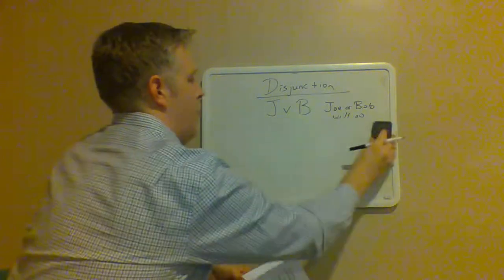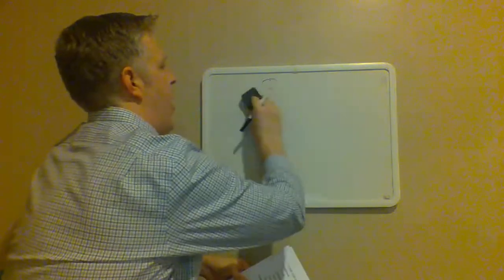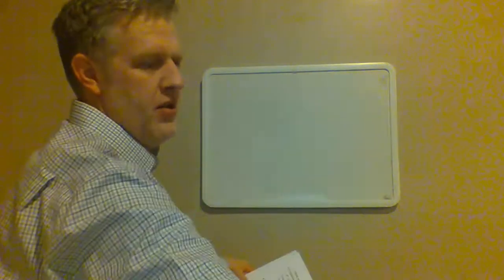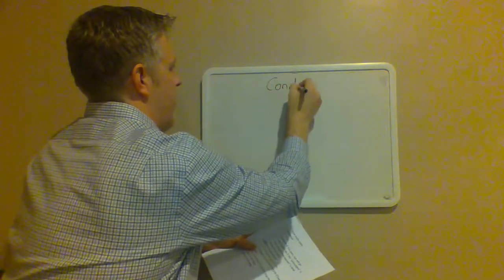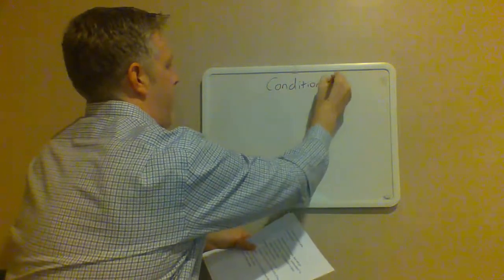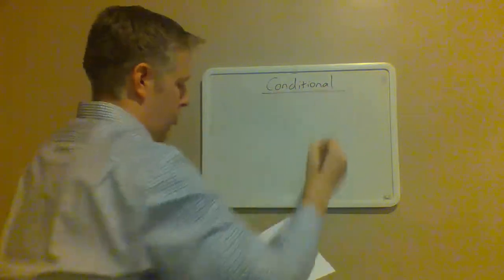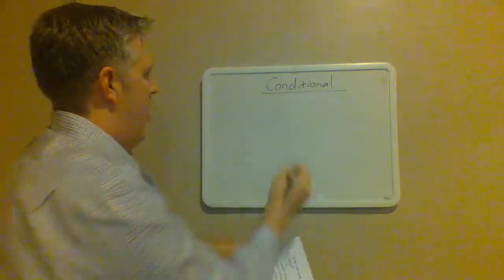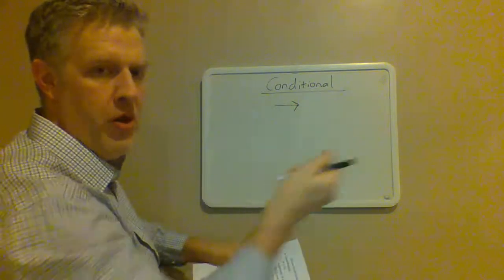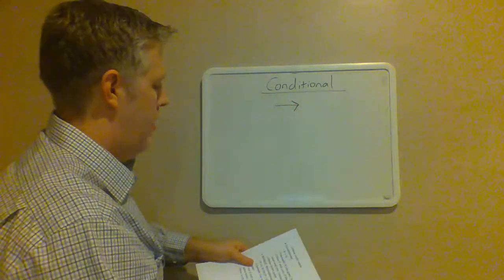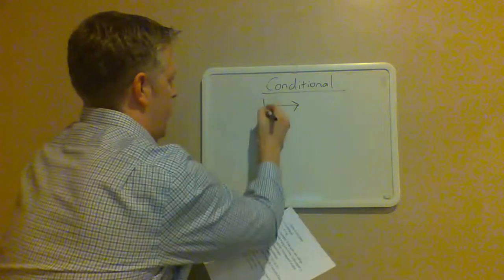So that's disjunction. Fairly straightforward, I think. And then we get to the one that's, in my opinion, by far, and I think the authors suggested this as well, by far the most difficult for rookies in logic, and that's dealing with what's known as the conditional. So the symbol here is an arrow pointing this way, and make sure you're pointing the correct way. Okay. What's my example here?